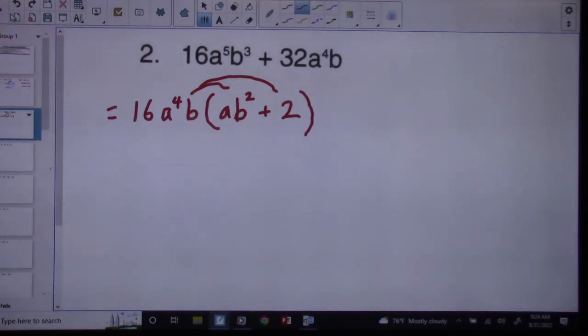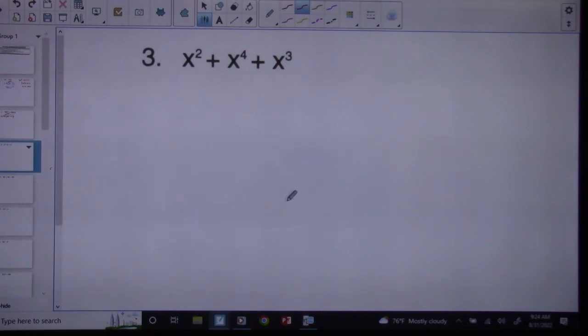You want to look at 3? Yeah, so 3, you have this right here. You have x squared, x to the 4th, x cubed. So what's your greatest common factor between those? X squared. So what times x squared equals x squared? 1.